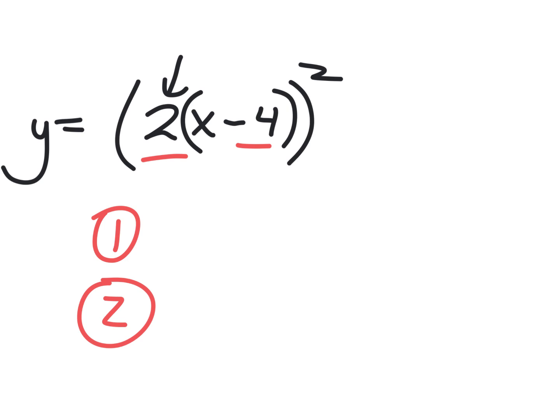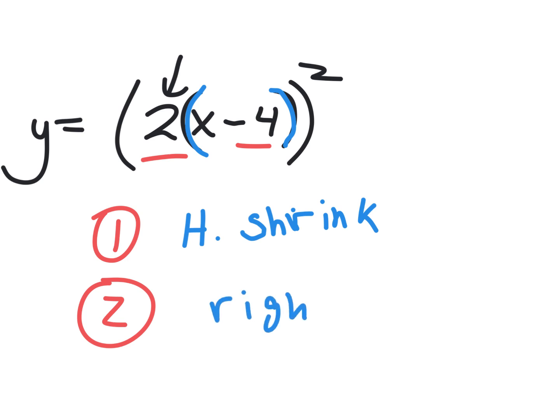The parentheses take priority, and so they should be first, but since we're on the inside, they're last. So this was a horizontal shrink. Now, I know nobody caught that because I had talked about it in terms of a stretch, but remember, they're the opposite of what you would expect. Horizontal shrink. And then the other one is a right 4.